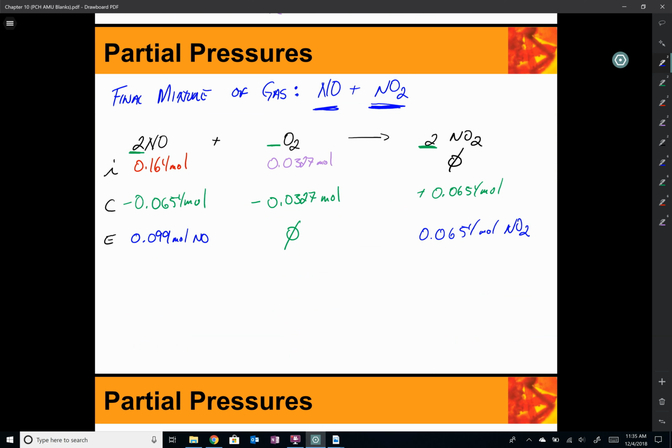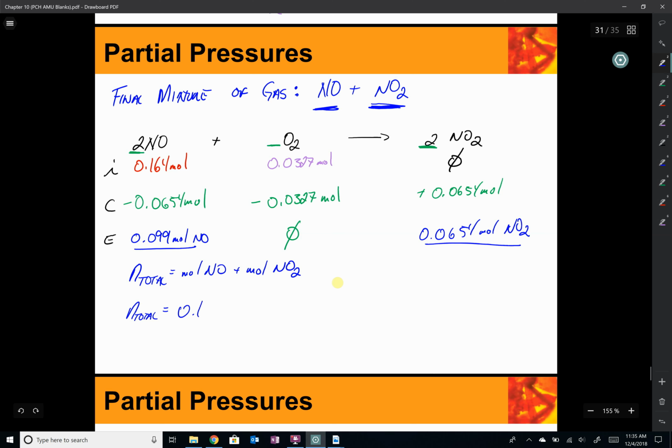Well, this is how many moles we have, and n total is equal to moles of NO plus moles of NO2. So I'm going to just plug those values in. So n total is equal to 0.164 moles.